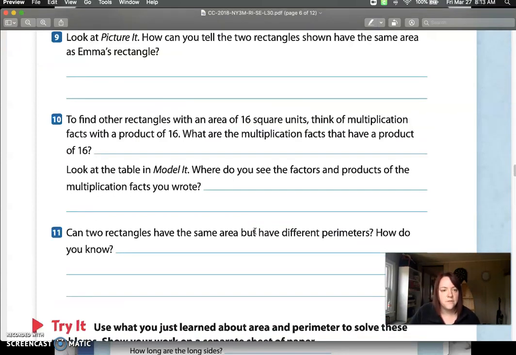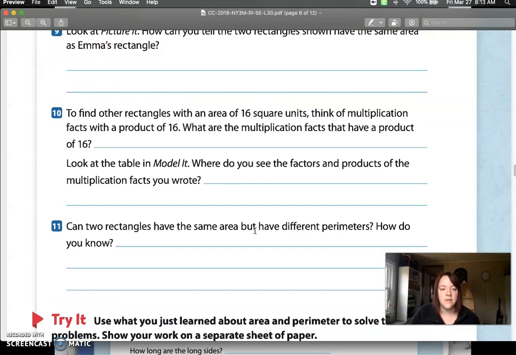So to find other rectangles with an area of 16 square units, think of multiplication facts with a product of 16. What are the multiplication facts that have a product of 16? Well, let's think. We know 2 times 8, right? We know 16 times 1, because anything times 1 is itself.